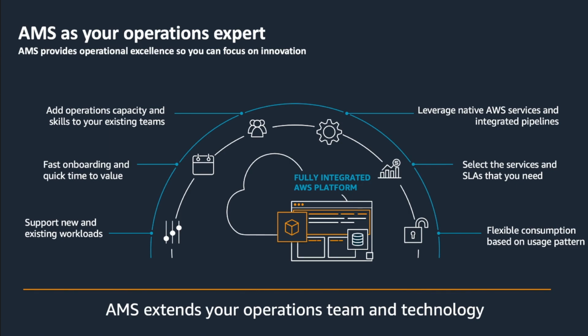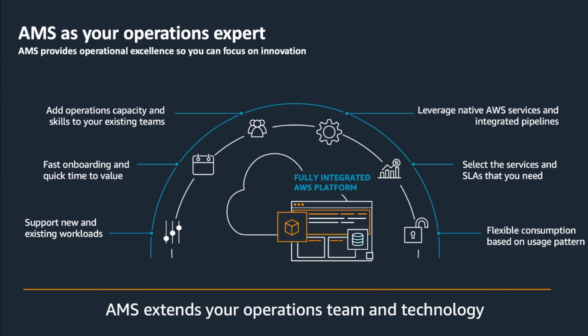Once onboarded, AMS augments and extends your existing teams by adding operational capacity, skills, predefined configuration alerts, processes, and deep automation. You can work in AWS the way you work, with the assurance that you have operational support from AMS.